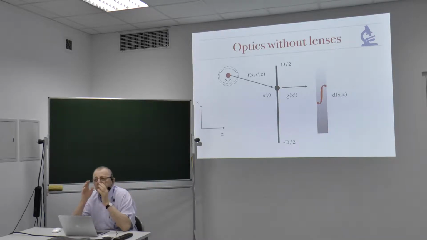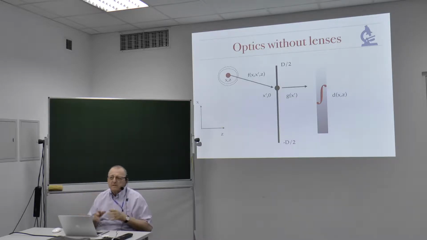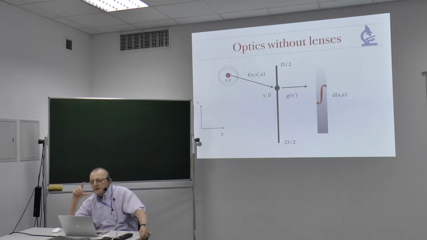So I have a picture which is a lens, which is my thick line in the middle of the screen, and it has a certain length, which is d, and that is what is called the aperture of the lens.